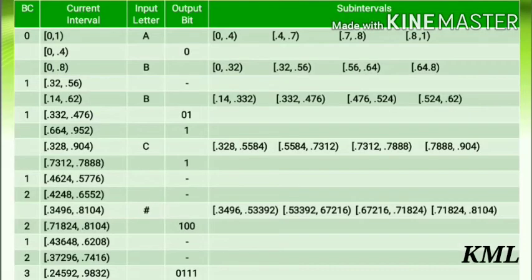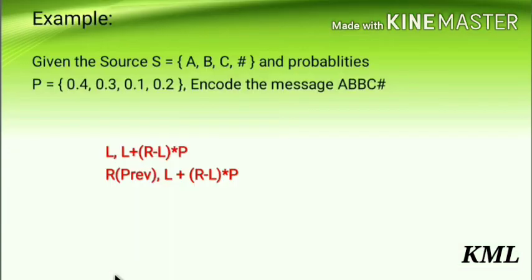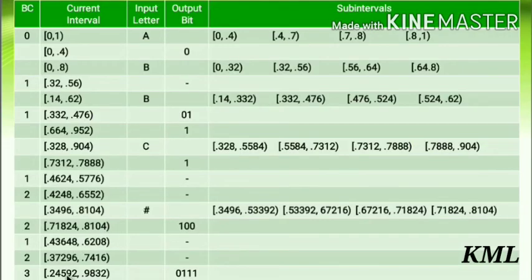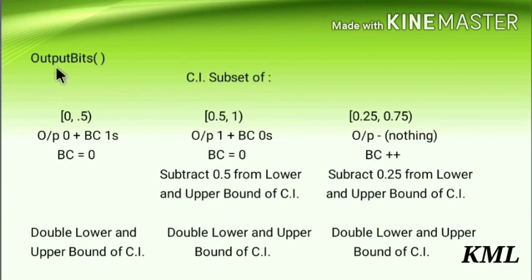So this interval doesn't fall in any of those three ranges. Okay, so now you have to stop. You have processed your entire input and you don't have any new input after this. So you stop here, and this algorithm is complete.